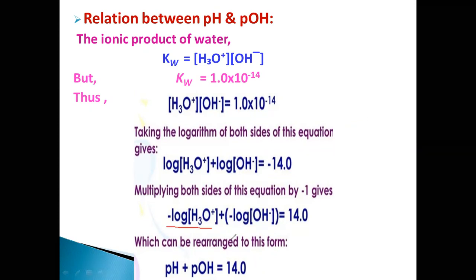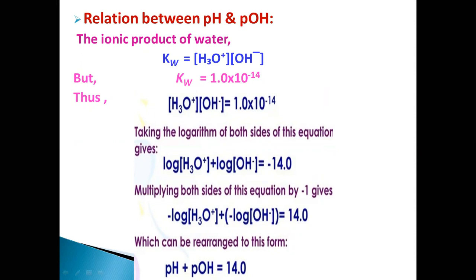So we get the relation between pH and pOH as this. That means pH plus pOH is equal to 14. Understood student? I hope it was a very easy topic and everyone understood. If you have any queries, you can ask me.